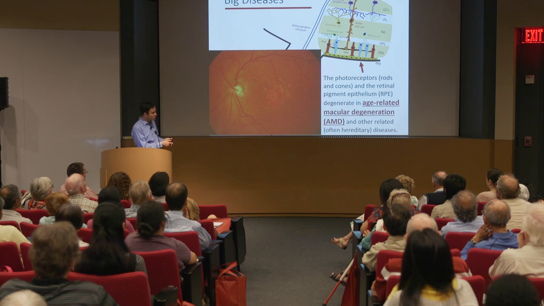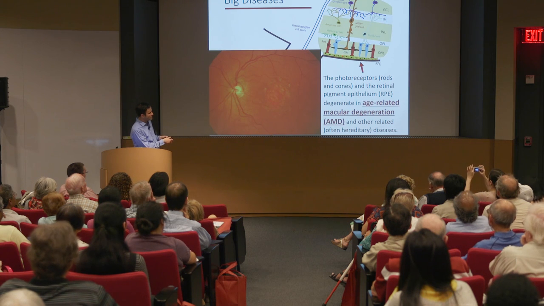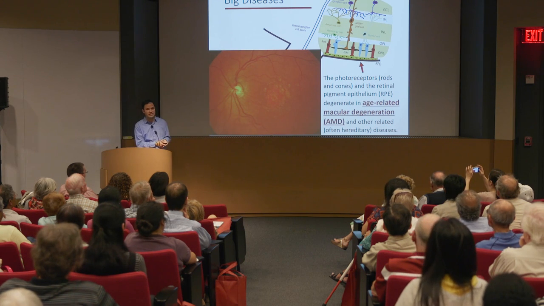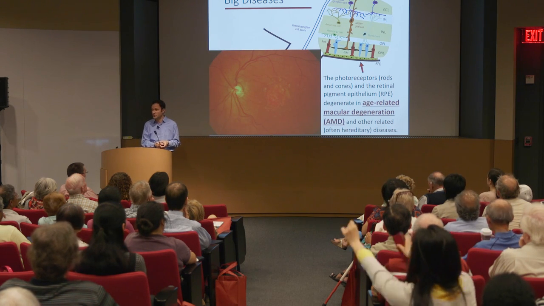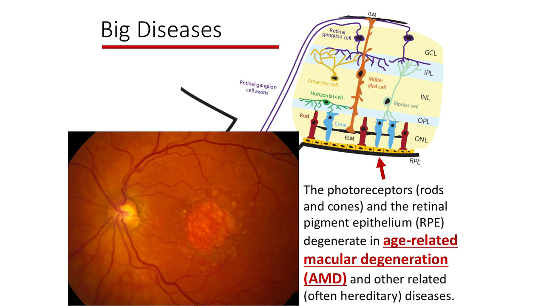So what goes wrong sometimes? Well, the photoreceptors, the rods and cones, and the support cells, the retinal pigment epithelium, they degenerate in diseases like age-related macular degeneration, or AMD, very common in the aging population. And when we look into the retina, we see the damage happening right in the center of where your vision is supposed to be at its best.